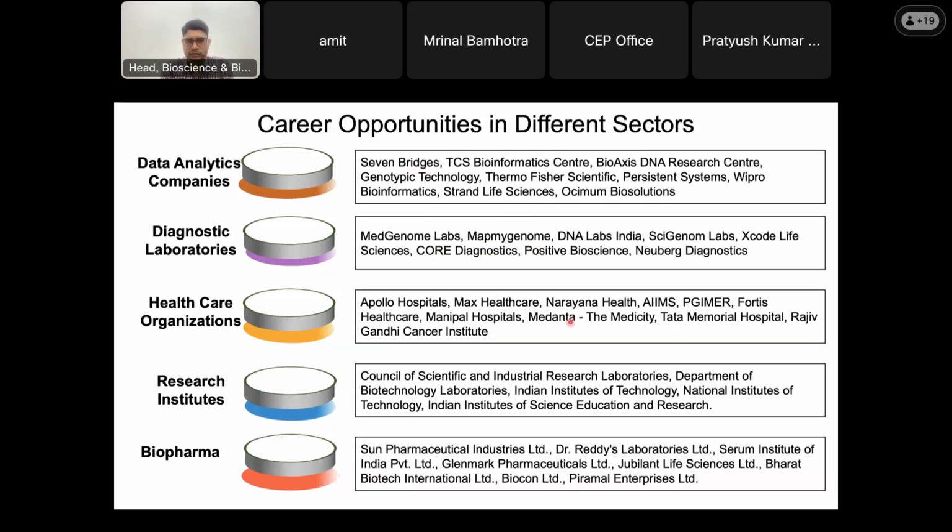Healthcare organizations include hospitals, as well as AIMS and Fortis Healthcare, etc. In different academic research institutions there is also a possibility to join. And also in different biopharma companies, which are now switching to NGS technologies and genomics-based approaches for diagnosis and development of drugs.